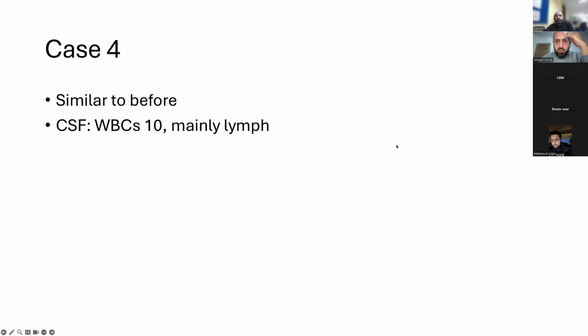Then the CSF PCRs came back positive for HHV6. What is your conclusion, and what would you treat? Do you think this is HHV6 encephalitis, let's say? Yes, no, not sure? Any comments?